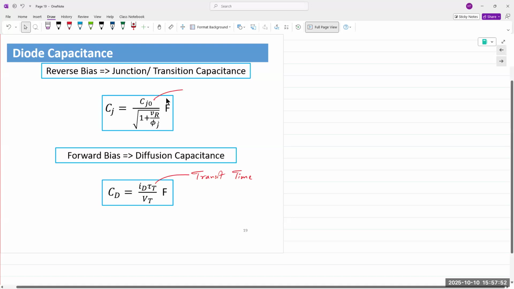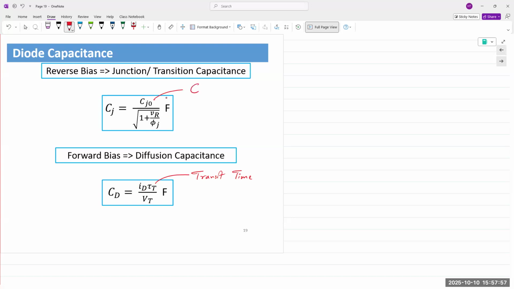CJ0 is the junction capacitance at zero bias. So CJ0 is epsilon A over WD0. That's the junction width.